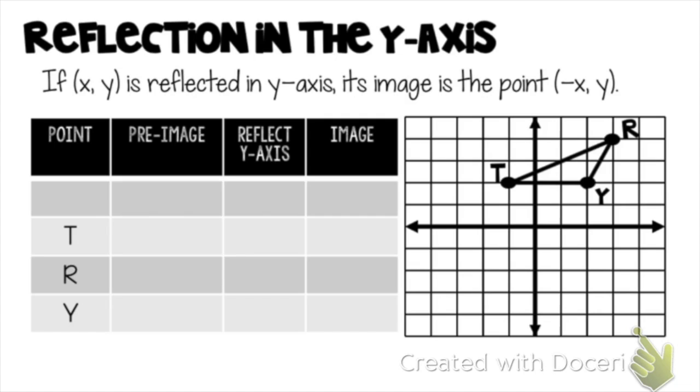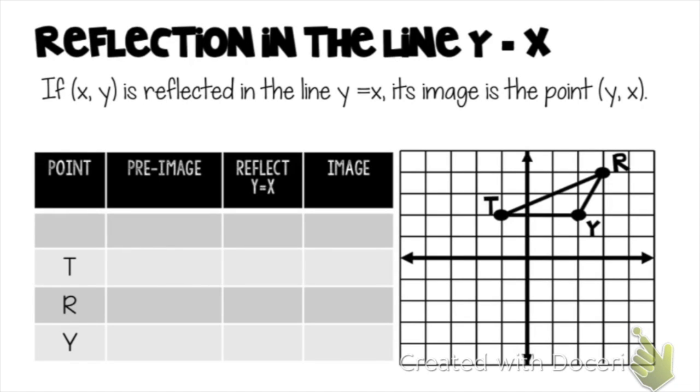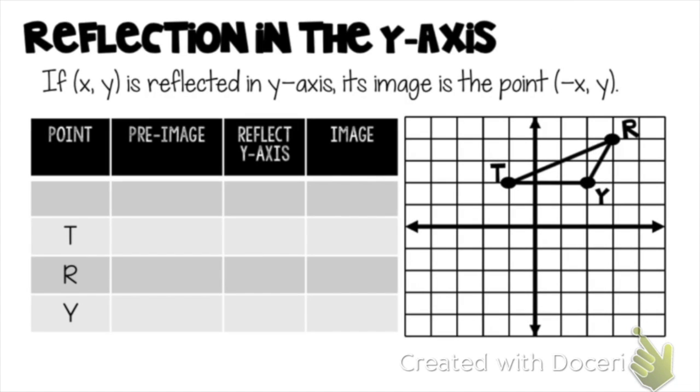We're going to change the opposite of the x value, and we're going to leave the y value the same. So if you think about it, we're taking all of the x values that were in the first quadrant here, and we're making them negative so they would graph in the second quadrant, and the point T that's in the second quadrant, because the x becomes negative, will graph in the first quadrant.